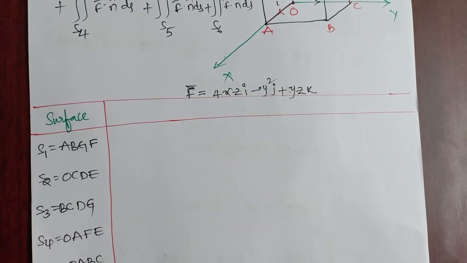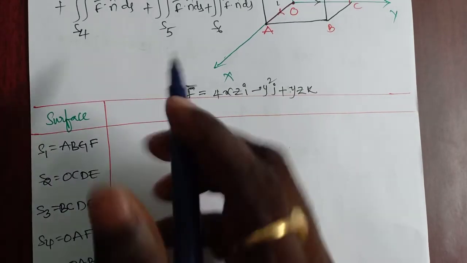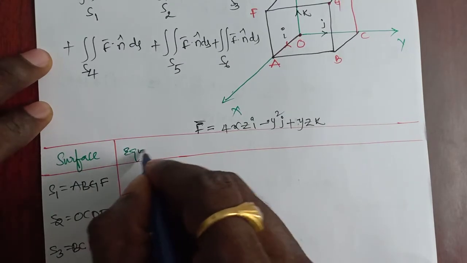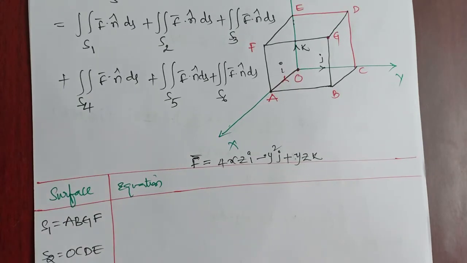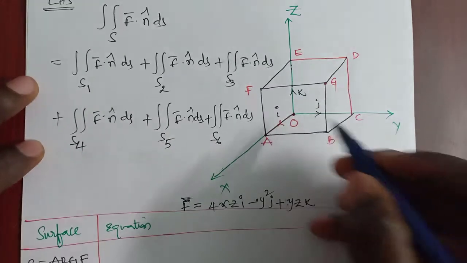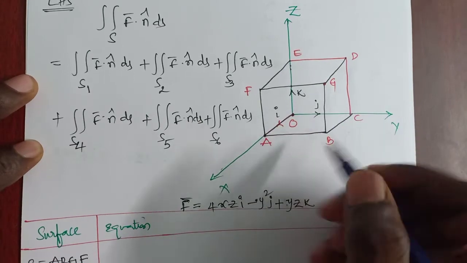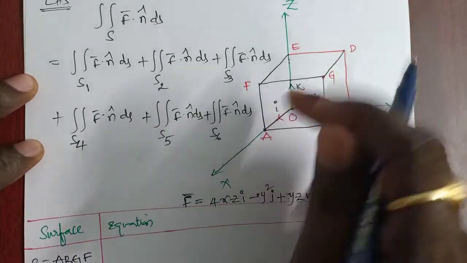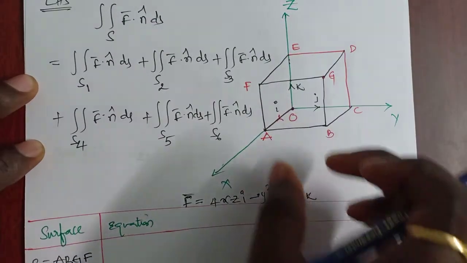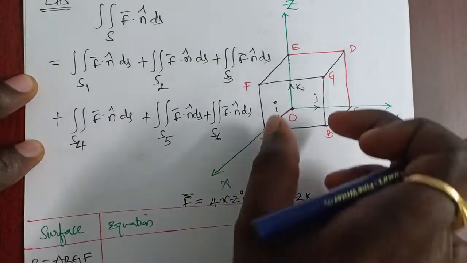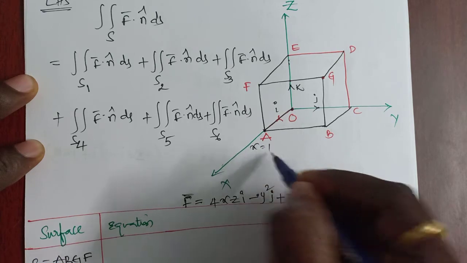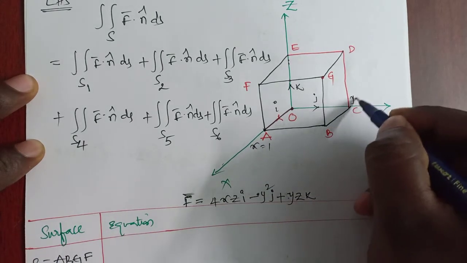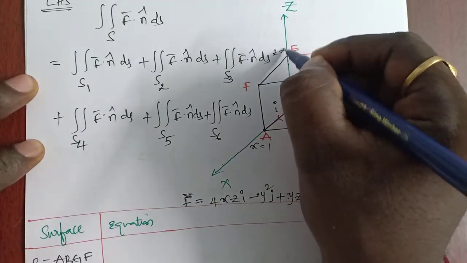Now coming to the equation for each surface, that is the second thing. The first surface, ABGF, the front surface, is at a distance of x equal to 1 clearly. This is the distance of y equal to 1, and this is the distance of z equal to 1.